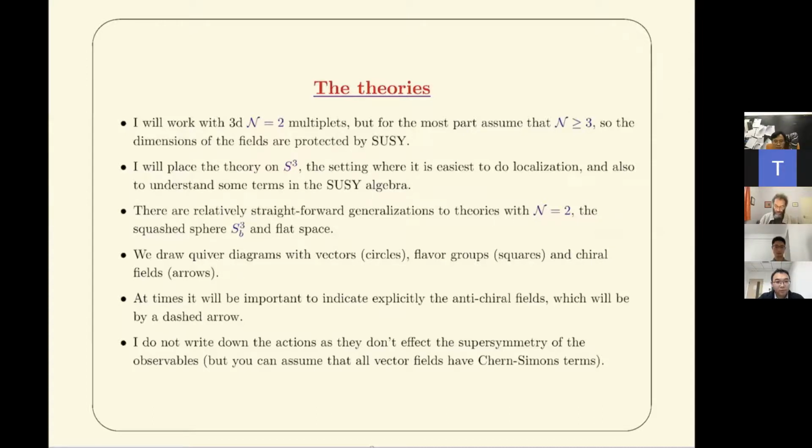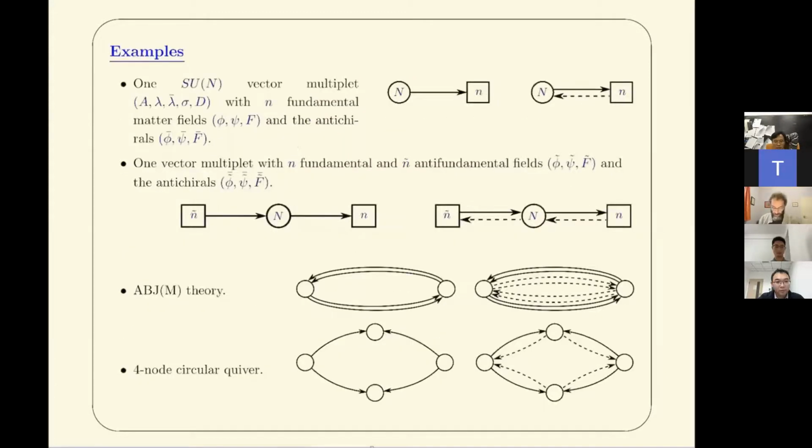I do not write down the actions for my theories. They're not important for what I'm saying, but you should assume that there is a Chern-Simons term for every vector multiplet. So here are some examples of theories that I will study. The simplest case is one vector multiplet, an SU(N) vector multiplet, here with a circle, and these are the fields in the vector multiplet.